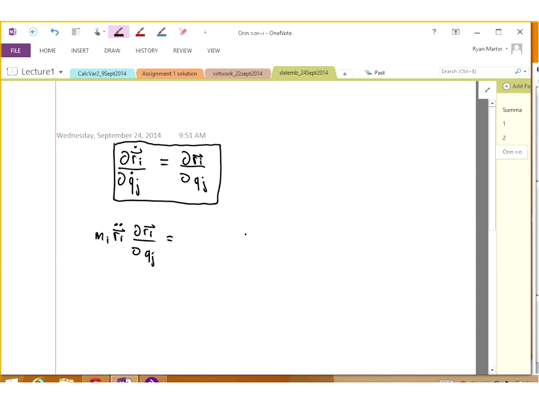We found that we could write that as d/dt of m_i r_i dotted with ∂r_i/∂q_j, minus m_i r_i dot dotted with ∂r_i dot/∂q_j.